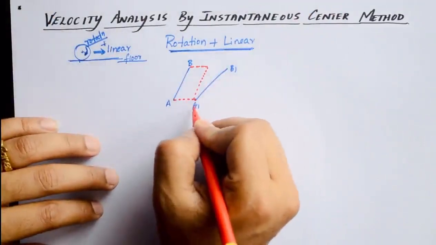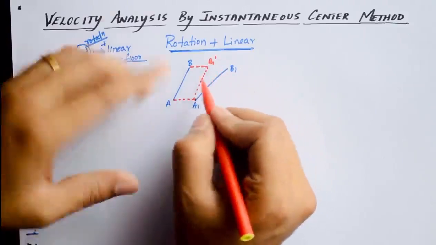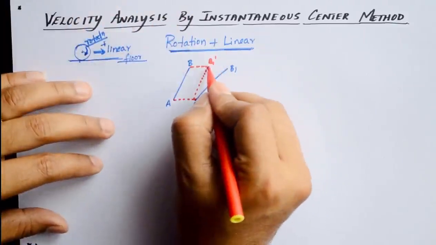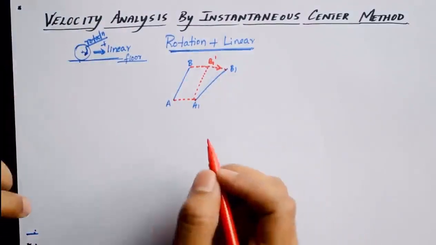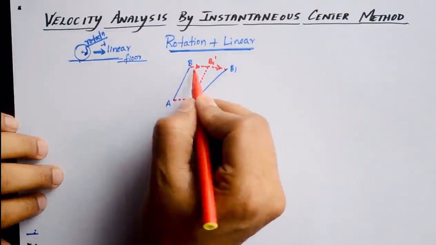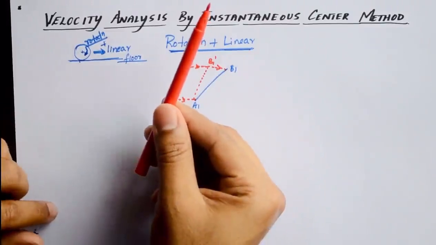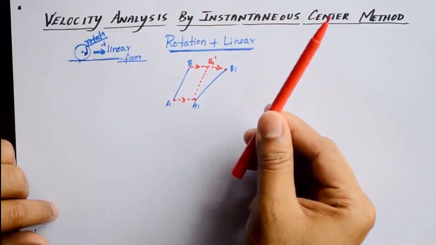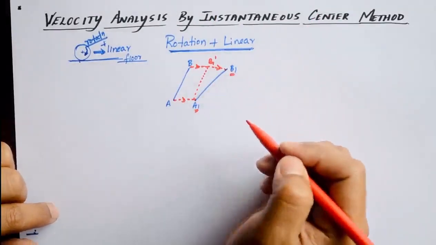Let us assume this position as A1 and B1 dash. After this linear motion has happened, there will be a rotation. So there is going to be a linear motion as well as a rotational motion. You have the link AB, first it moves linearly and then it rotates in order to get the new or final position A1, B1.